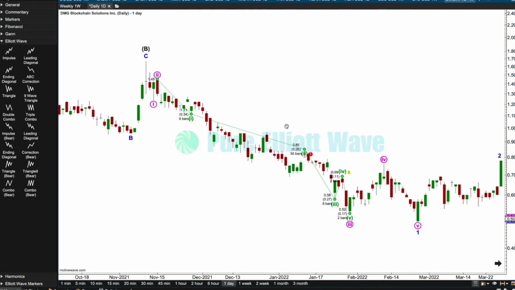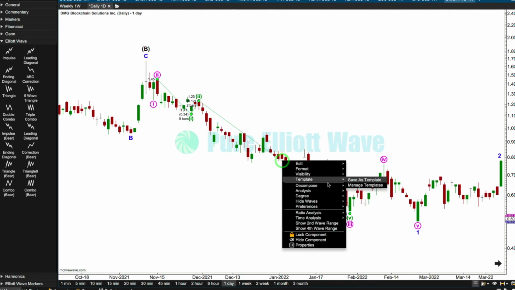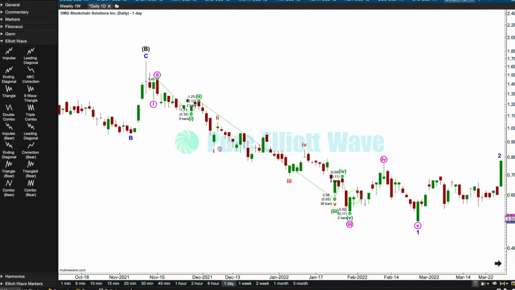Some kind of diagonal here, maybe. That's not going to fit. Oh no, I see. Okay, if we have an expanded flat in there, that's going to fit. But is the third wave going to be the shortest? Why don't you want to put that there? The third wave isn't going to work.